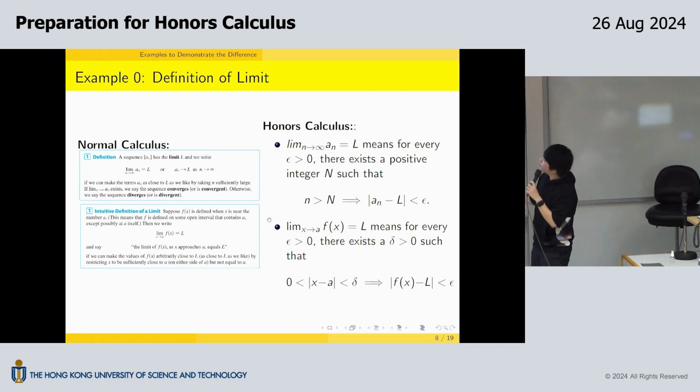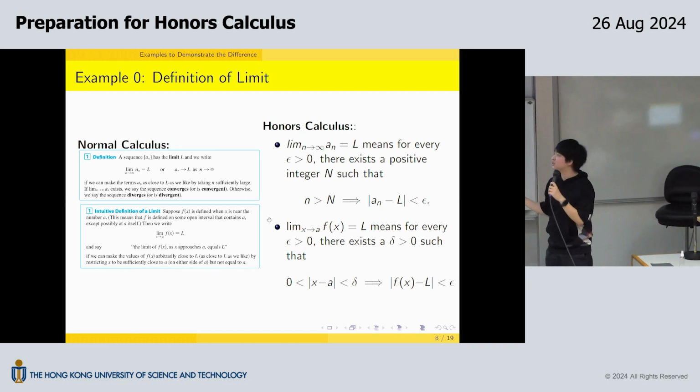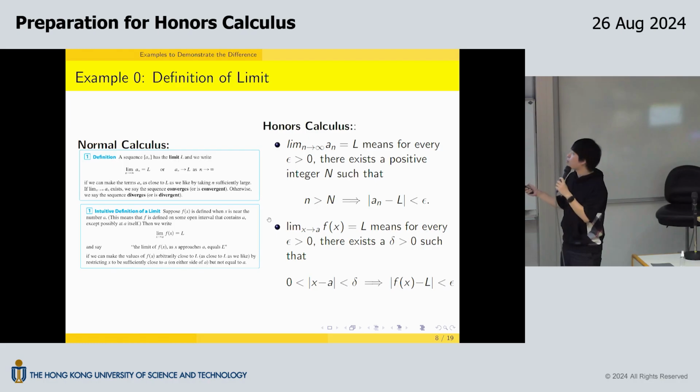You will not be given a precise or rigorous definition. Rather, you will learn an intuitive definition like this: a sequence has a limit L if you can make the general term a_n as close to the limit L as you like by taking the number n sufficiently large. So that's what you learn in the normal calculus class.